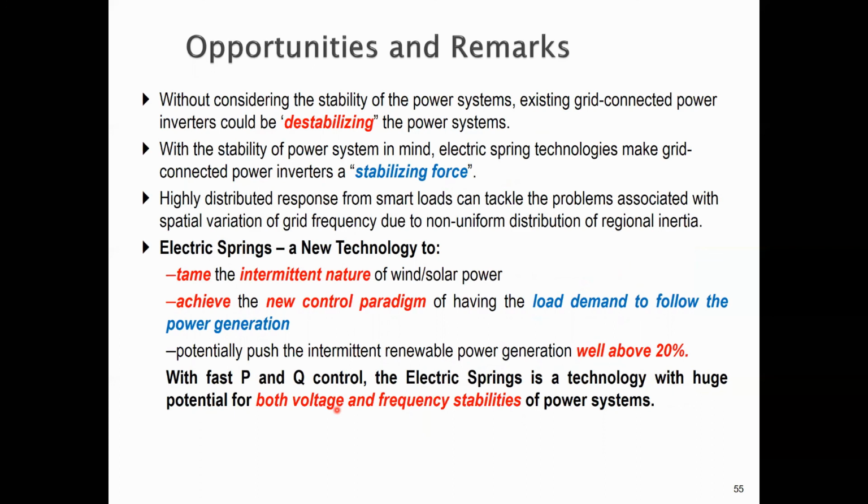Now we introduce the electric spring technology as a new way to tame the intermittent nature of wind and solar power. We can use it to achieve the new control paradigm of having the load demand follow power generation. We believe that it has the potential to increase the use of renewable energy well above 20%. And we have demonstrated that the electric spring can provide both voltage and frequency stability in the power system.